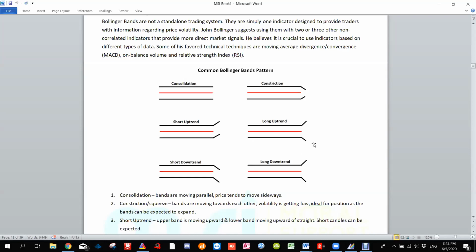How do you know if it's a long uptrend or a long downtrend? In a long uptrend, the price is moving above the midline, or the MA20, and near the upper band. In a long downtrend, the price action is below MA20 and moving near the lower band.